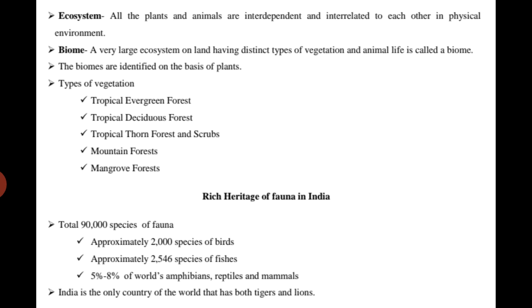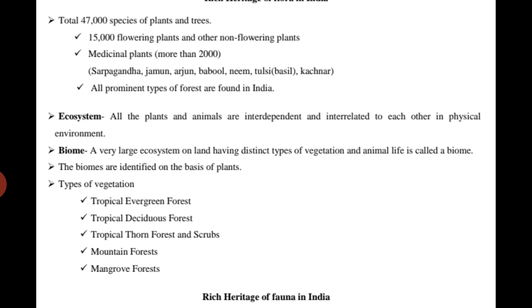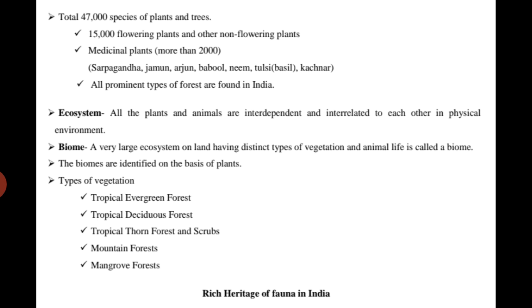Now we are going to discuss the other plants which are found in India. Those are medicinal plants. Medicinal plants are those plants which have the quality to cure one or another disease. In India, in the system of Ayurveda, more than 2000 plants, trees and herbs are identified as medicinal plants, and nowadays we are using them.